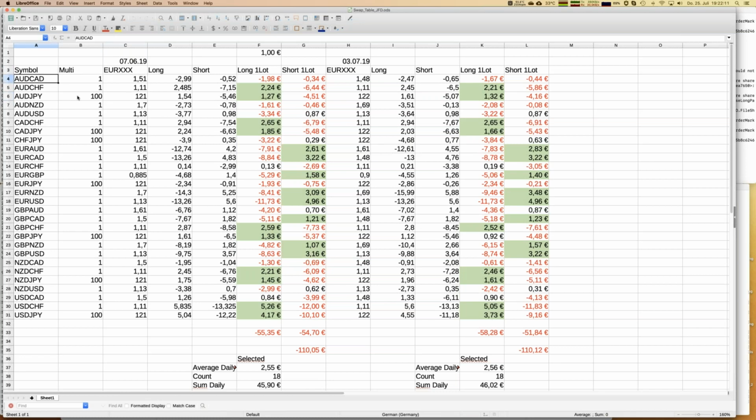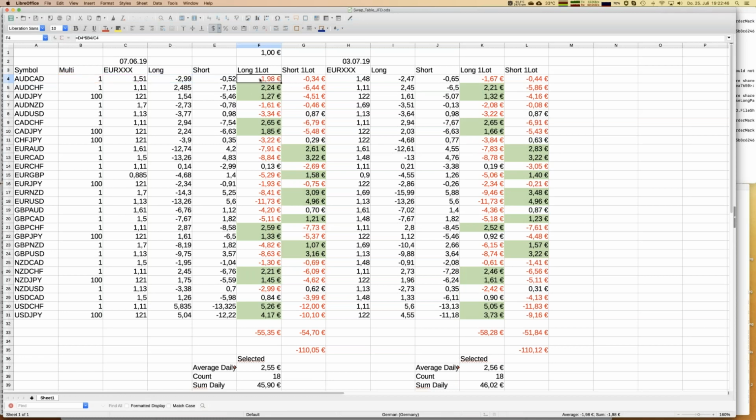So if we want to calculate the swap profits and costs for Australian dollar, Canadian dollar, we need the exchange rate euro, Canadian dollar, and the given swap points. And then the calculation is quite easy. Let me mark everything here. We just need that multi, and we need the swap points, and we have to divide the swap points by the exchange rate, and that's all for a 1 lot trade.